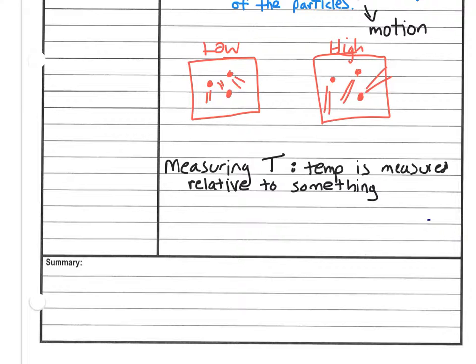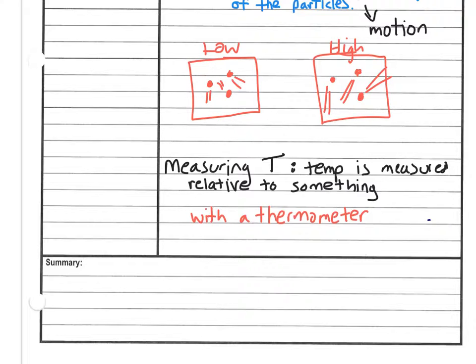So when you use a thermometer to measure temperature, which we might jot down, the thermometer is reaching the same temperature as the rest of the particles. The particles have energy. That energy gets transferred around with all the bumping of the particles.